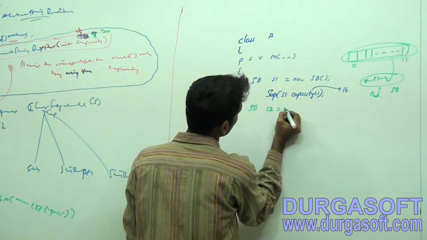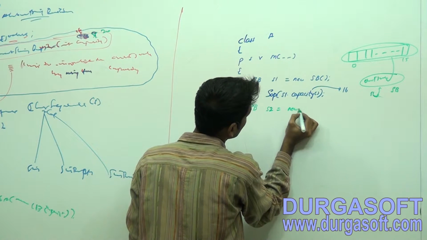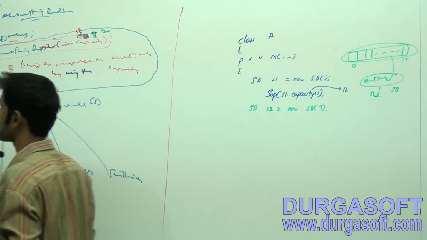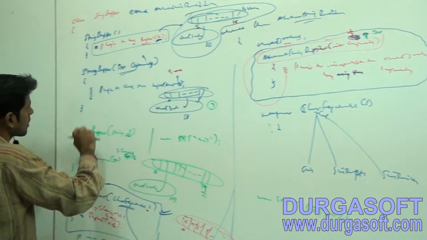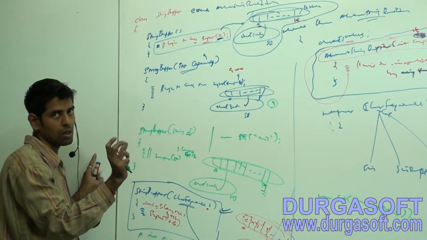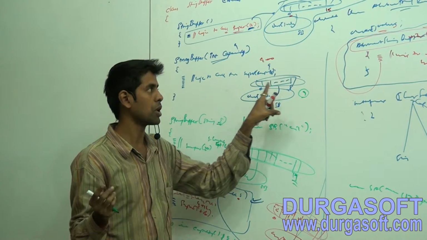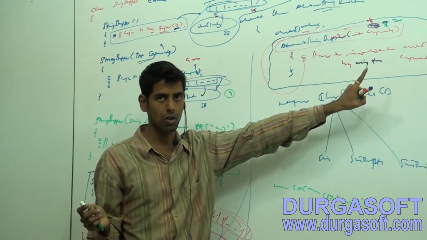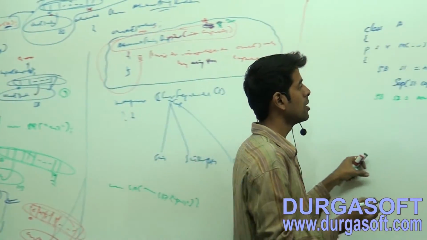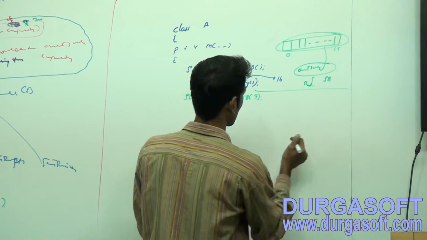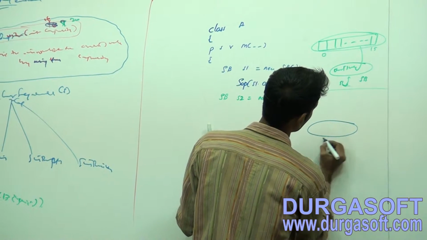Now S2: let me create one more StringBuffer object by using the constructor having an int argument. It will pass this value as an argument to this constructor call. Because of this constructor call, there will be a StringBuffer object.